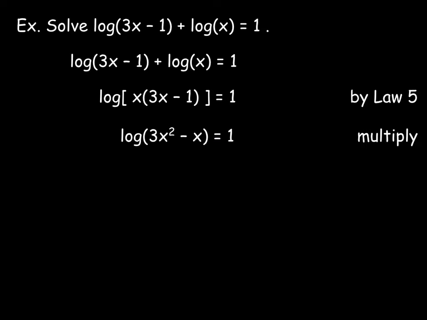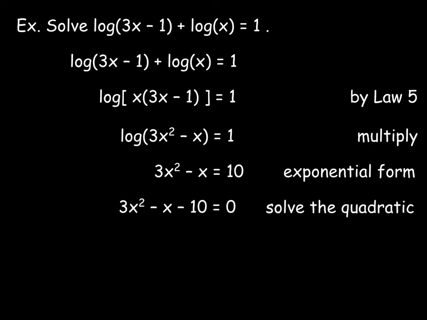Multiplying, the log of 3x squared minus x is equal to 1. Rewriting in exponential form, 3x squared minus x is equal to 10. The base of the common log is 10. Now we solve the quadratic equation by factoring, and we get 3x plus 5 times x minus 2 is equal to 0.